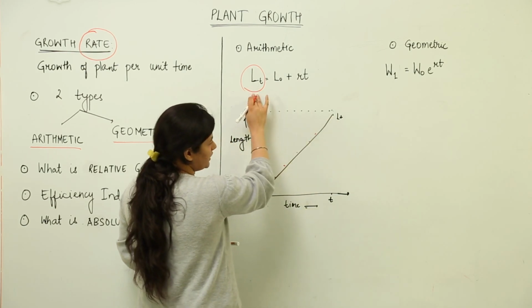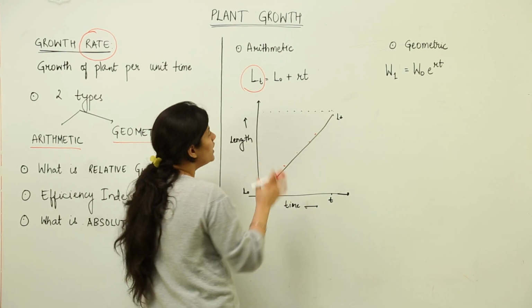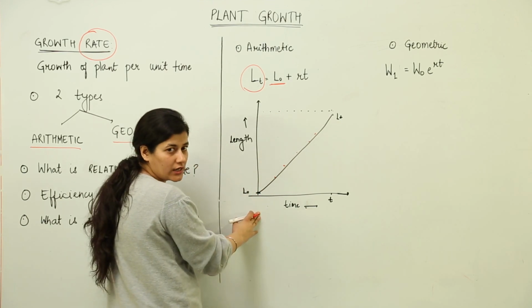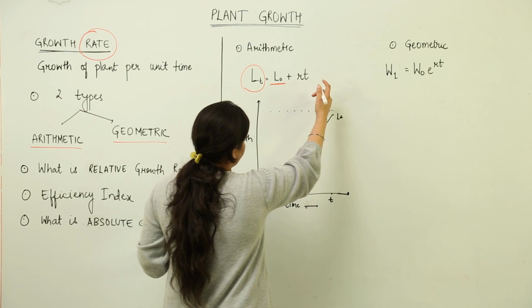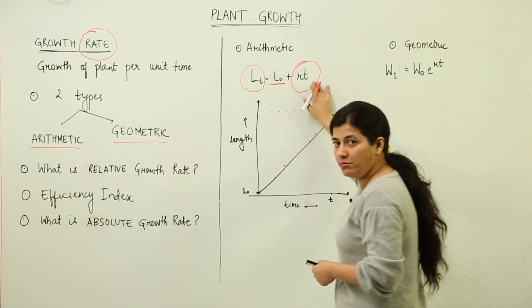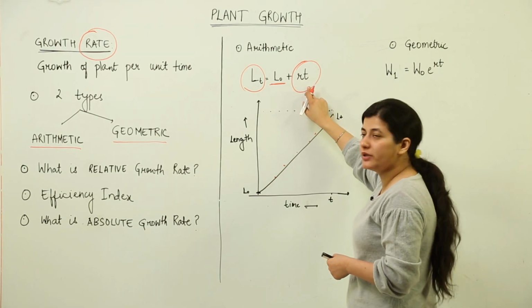At any time t, the initial length would play a role, which could be 0, L0, that was from where the growth actually started, and it would add to the multiple of time with rate. Rate is to be multiplied with time.